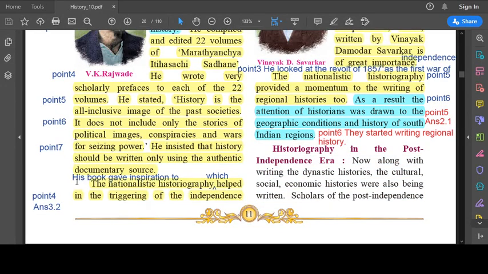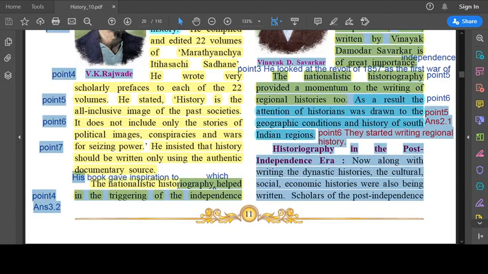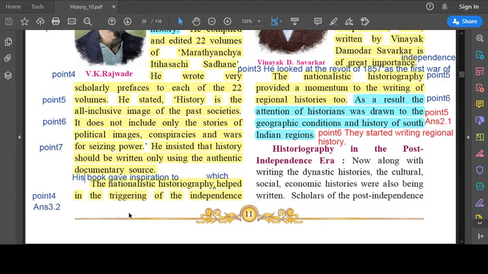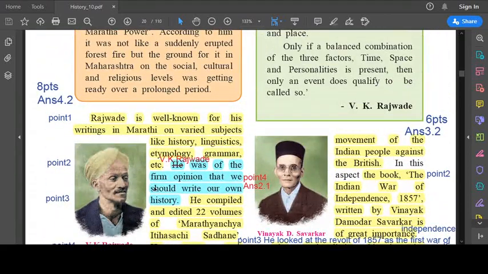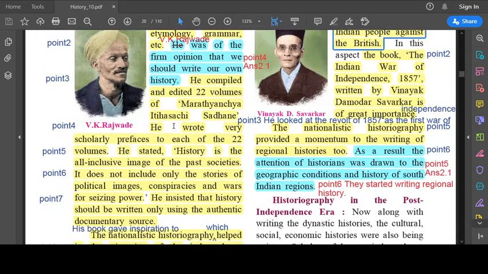Point number 4. His book gave inspiration to the nationalistic historiography, which helped in the triggering of the independence. Continuation of this sentence is over here. Right hand side, first line. Movement of the Indian people against the British. So that's point 4. Then point number 5 is over here.